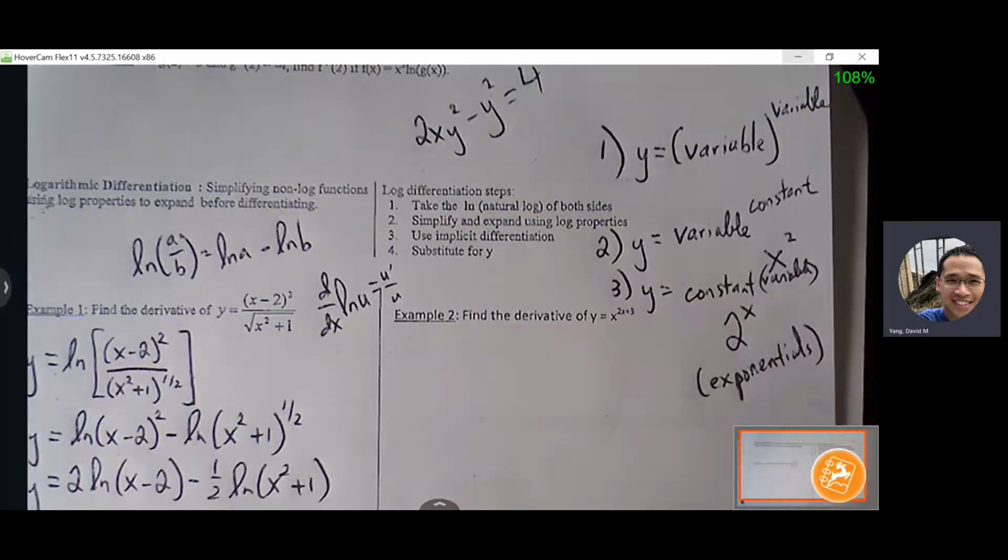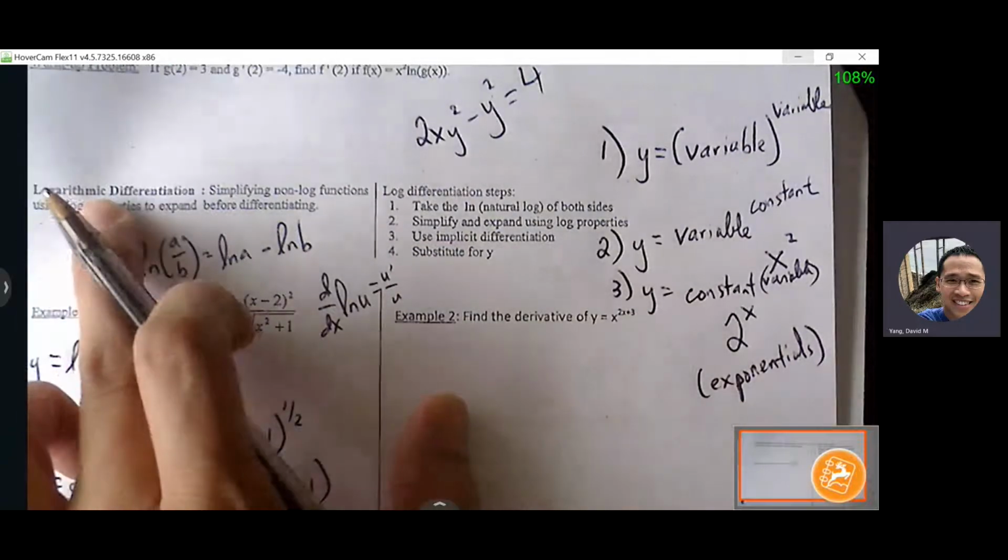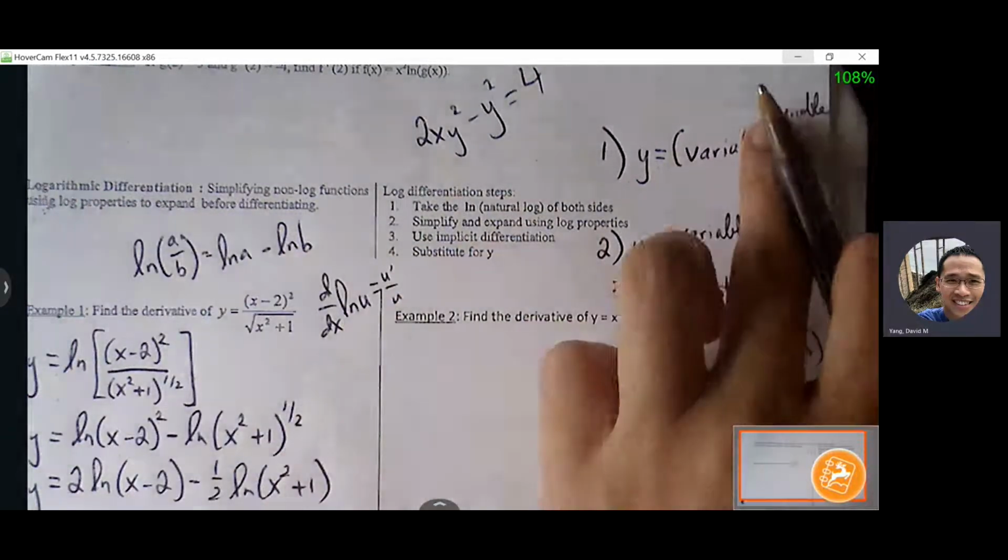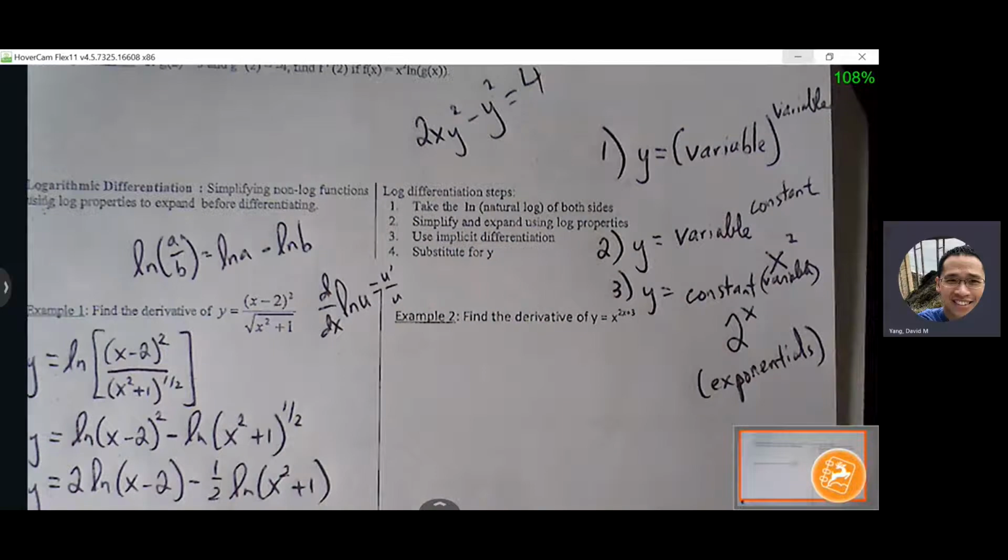Okay. So whenever you have variable to a variable, we have to basically find a way to get it in a different form. Otherwise, we can't handle it. So the idea is that what if we take the log of both sides, which will then allow that exponent variable to move to a different location, which will then open up opportunities for us to try different things.